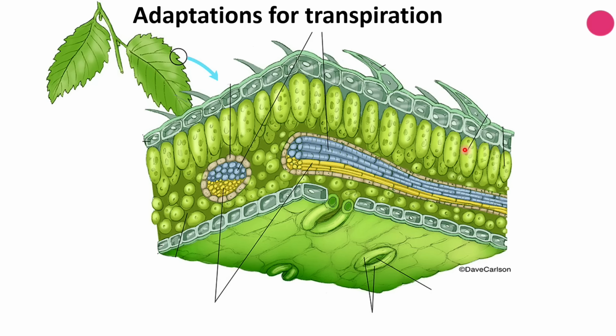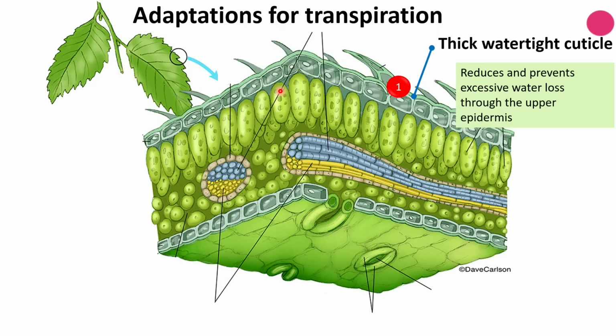So this leaf is adapted in many ways for transpiration. It's adapted in a way for transpiration to happen at a moderate pace, so that it doesn't lose too much water and eventually just desiccate. So the way in which it is adapted is, firstly, there's quite a nice thick cuticle over the epidermal tissue. It's actually part of the epidermis, and this reduces the amount of water that is lost.